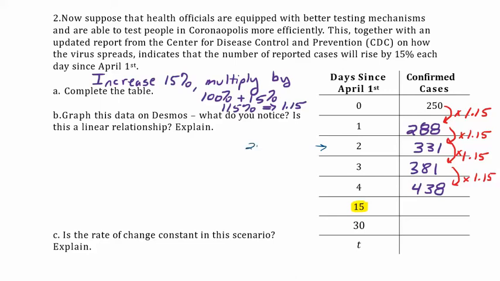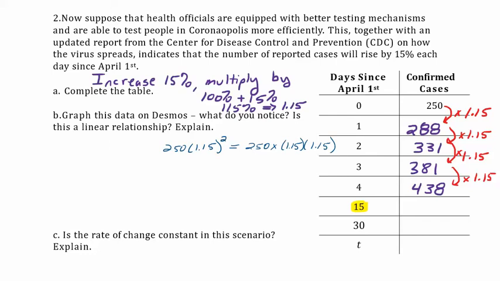We started with our 250 cases, and then we multiplied by 1.15 twice. I think you guys are pretty good at this idea. So we multiplied by 1.15, then we multiplied by 1.15. Right? So that's really the same as taking 250 and multiplying by 1.15 to the second power.